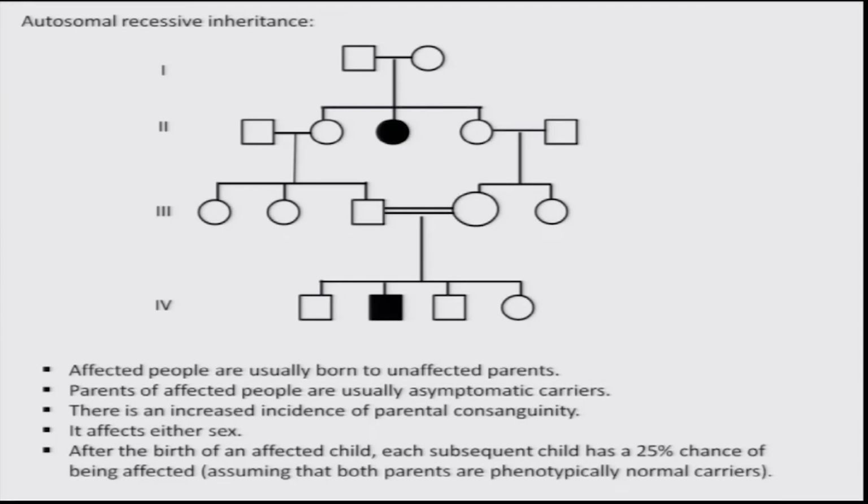And if you could recollect the Mendelian Punnett square, if you plot it, then you would find it is 1:3. That is why it is 25%, right. We will come back to that a little later. So that is the example of how an autosomal recessive condition would be transmitted in a disease.